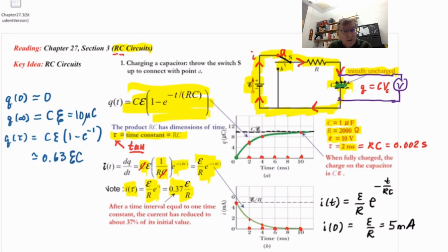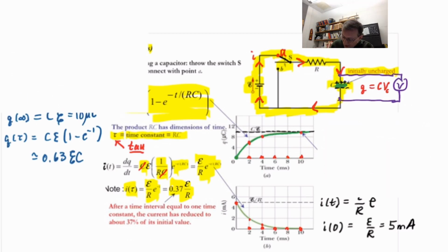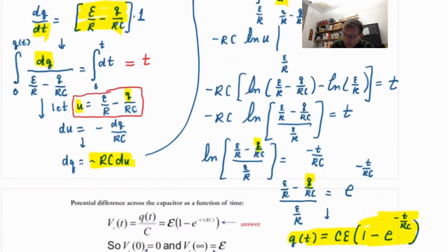What would it be? Well, remember Q equals CV for a capacitor, but the Q is changing with time, so the potential difference across the capacitor is changing with time. And since the Q is growing, the capacitor is charging up, the potential difference is growing. And it's not hard to get what that formula is.